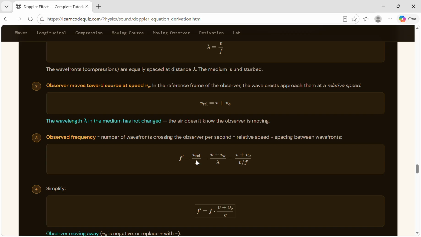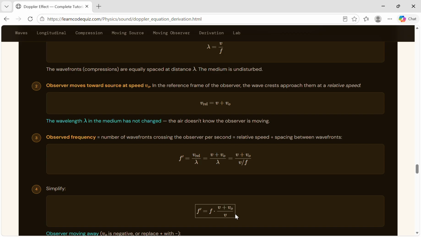So you are going to have V plus V naught, which will lead to (V plus V naught) by lambda as the frequency that the observer hears, and lambda is V by F, velocity of sound in air divided by frequency. And so essentially you will get F dash is equal to F times (V plus V naught) divided by V.